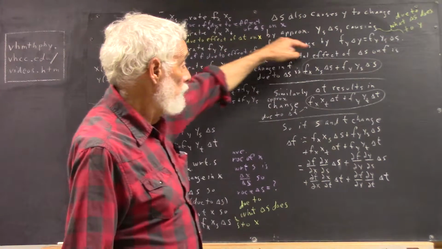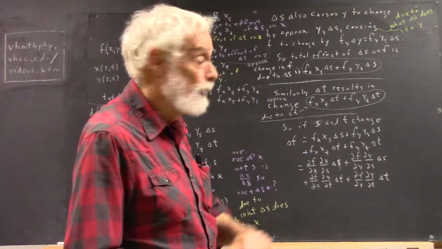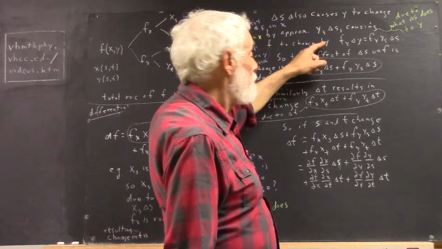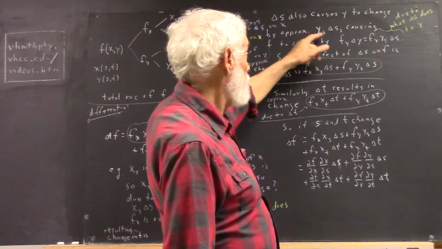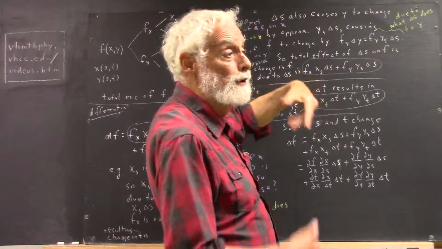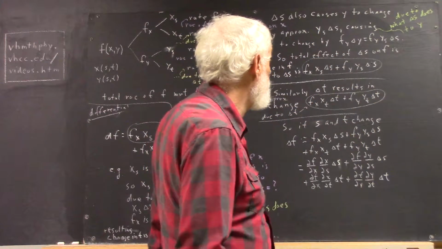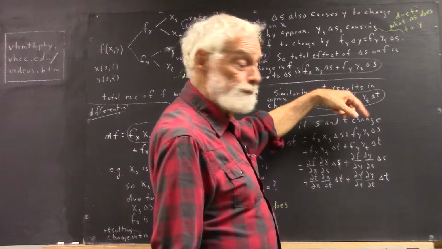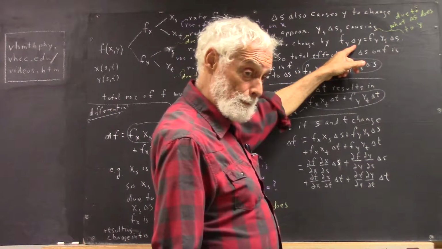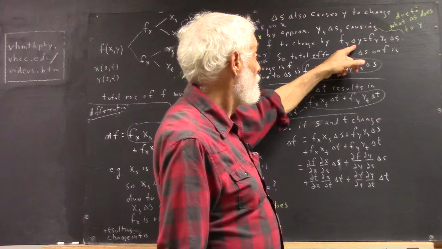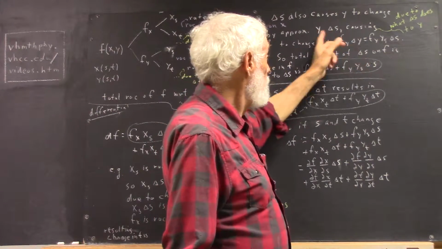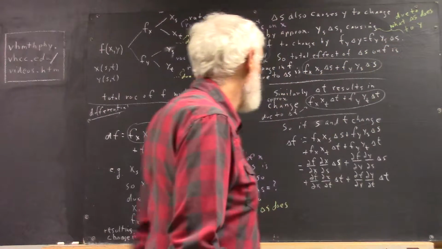I don't want to confuse the issue by going through every detail of that argument, but delta s causes y to change, and it's going to be by approximately y_s delta s, since y_s is the rate of change of y with respect to s. And that causes f to change by f_y delta y, approximately. And delta y being y_s delta s, we get this.